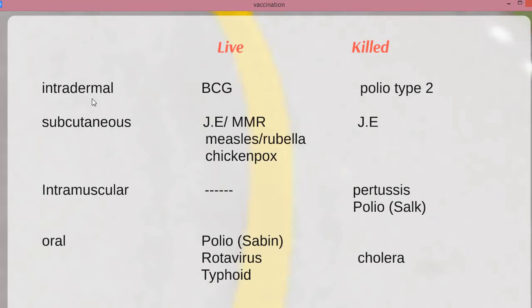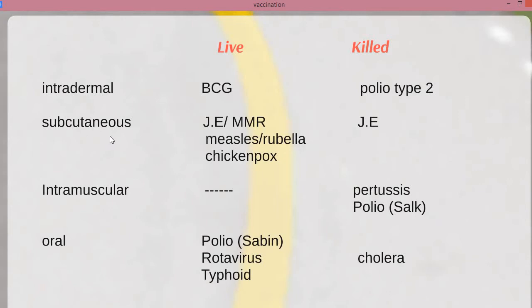When you take the intradermal route, a description about these routes will be given in the middle part of this lecture. The live vaccine which is given intradermally in Sri Lanka is mainly the BCG vaccine. The killed vaccine which is given intradermally is the polio type 2 vaccine.